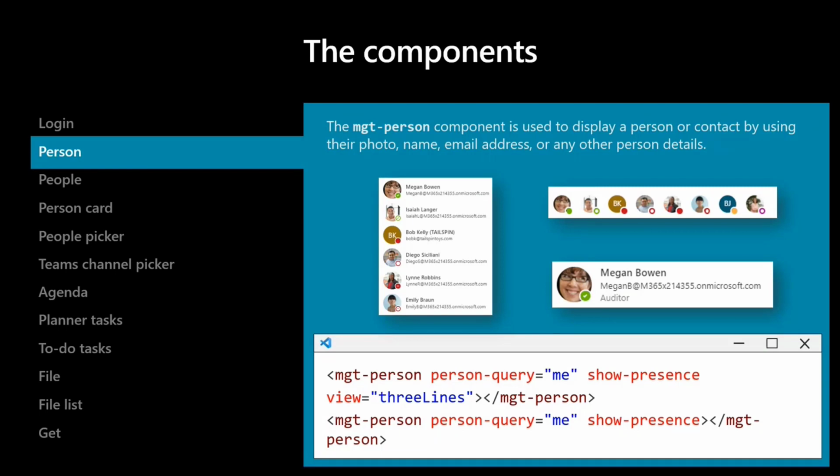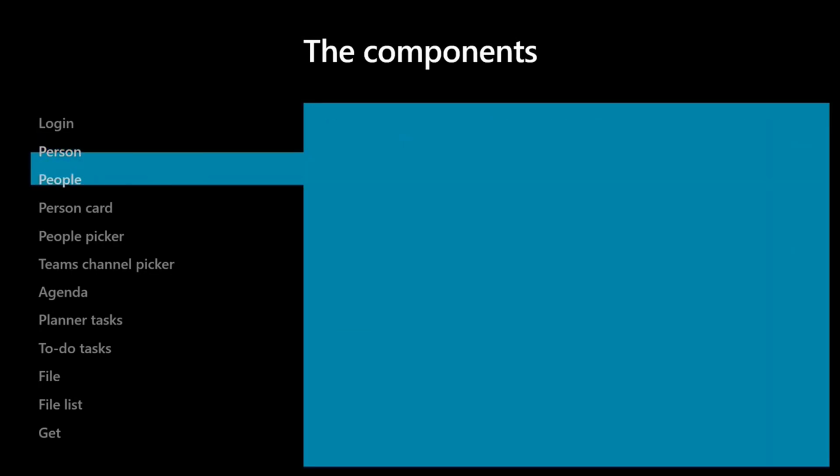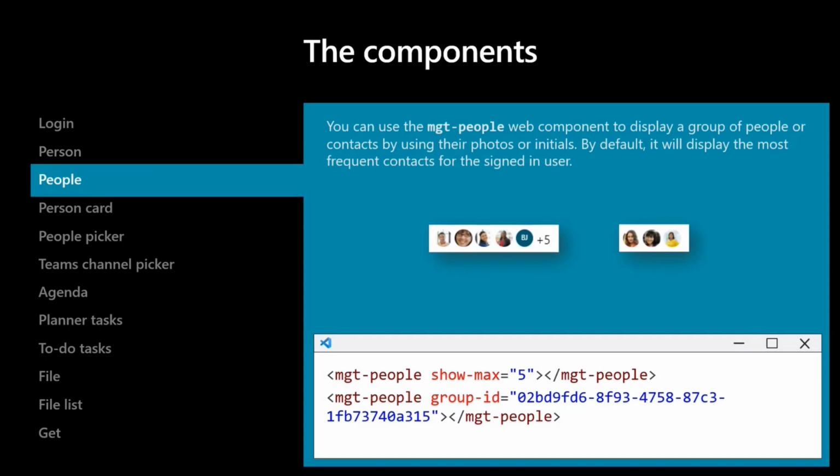On top of this, we also have the people component where we can add multiple people in a single representation, like the following. So the MGT people brings any group information or any type of users in there, like a face pile, where you can see all of them. Think about maybe you're inviting people to a meeting and you want to see everybody that was invited.